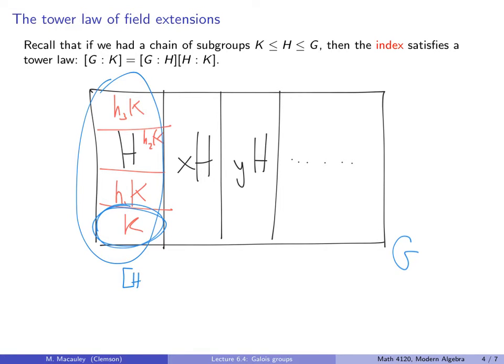Well, there's the index of K in H, and then multiply that by the number of cosets of H in G, which is the number of these boxes, and that's how you get the number of these small boxes, these cosets of K in G. So that was the picture proof of this. Now, of course, you need to do it formally, especially if you have something like groups of infinite size.